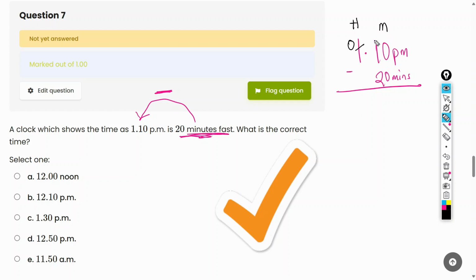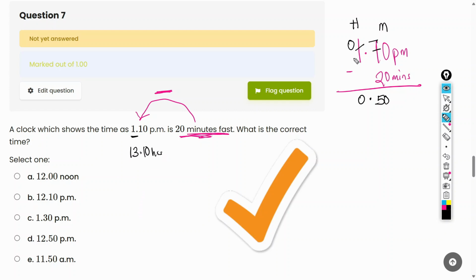So we add 60 here and it becomes 70 minutes. So 70 minus 20, of course, that's 50. And then this is 0. So this is 0:50.